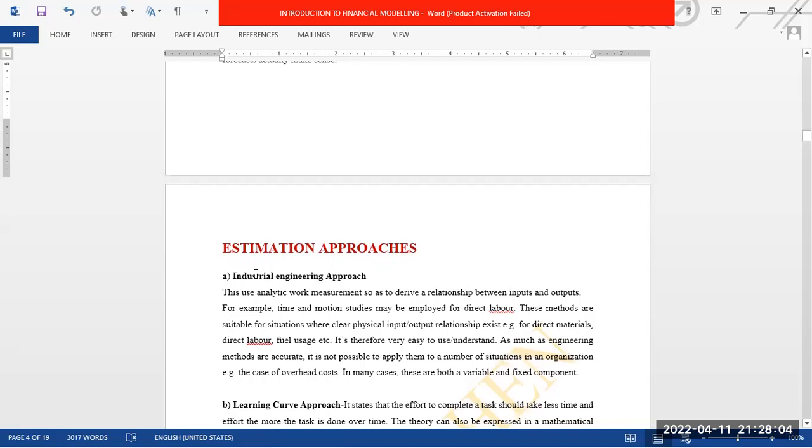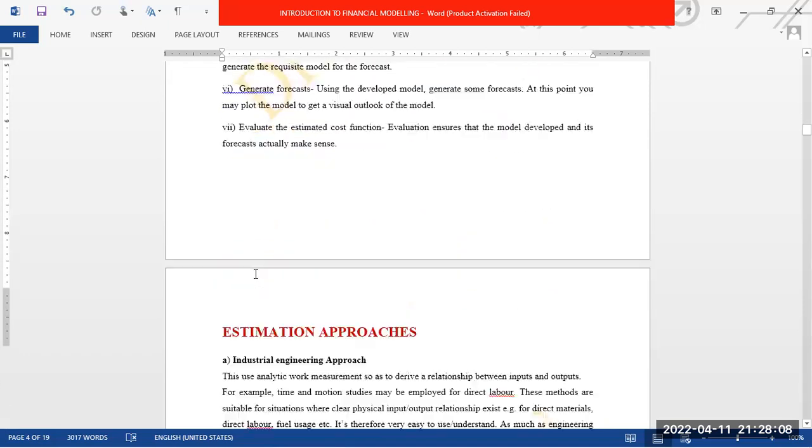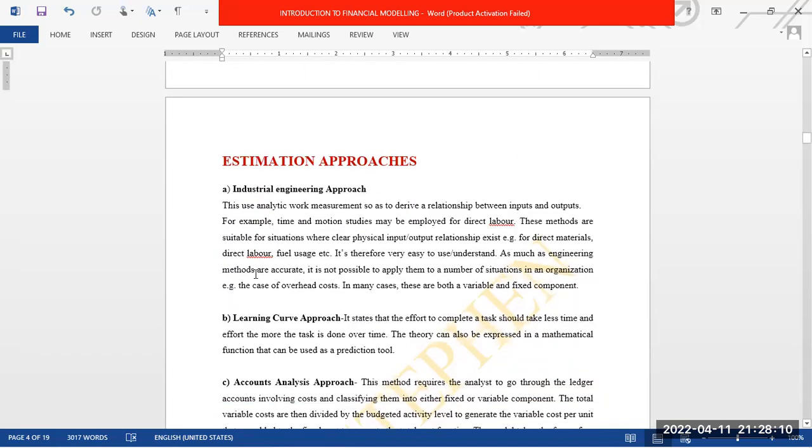So here, to begin with our number 1, which was industrial engineering approach, what does it entail? You find that this uses analytical work measurement so that we derive a relationship between inputs and outputs. So in simple terms, inputs are all the goods or products that come in, and outputs are the goods and products that leave or go out of a company or a business.